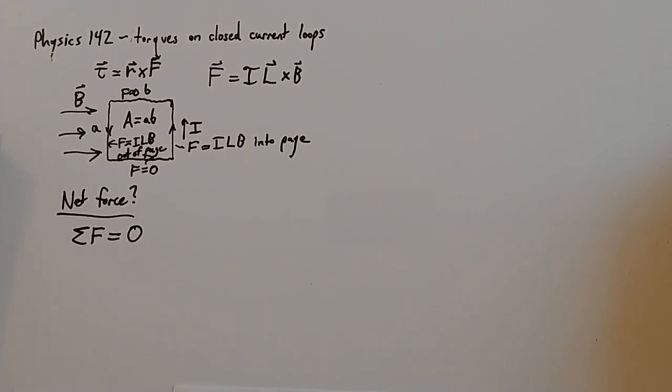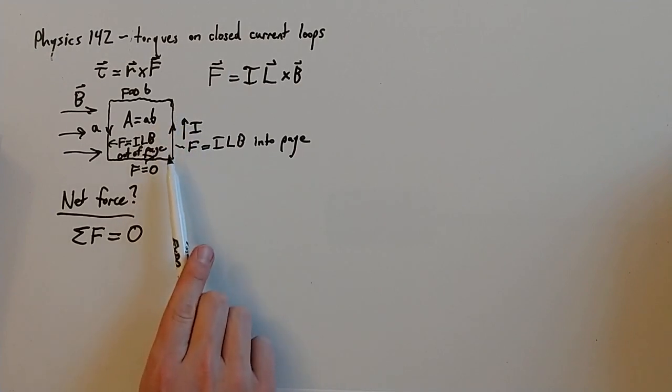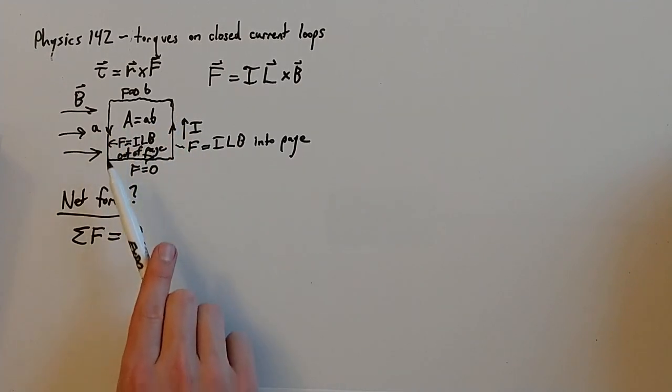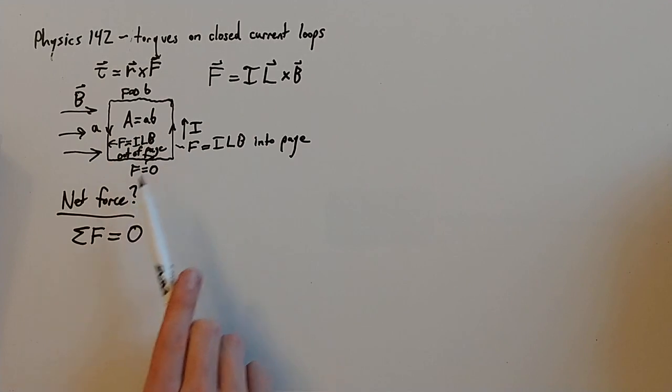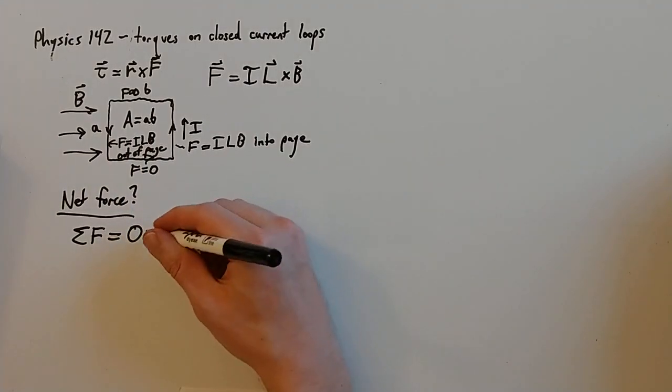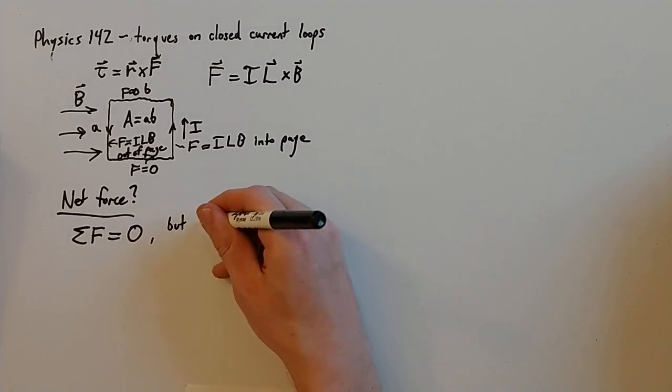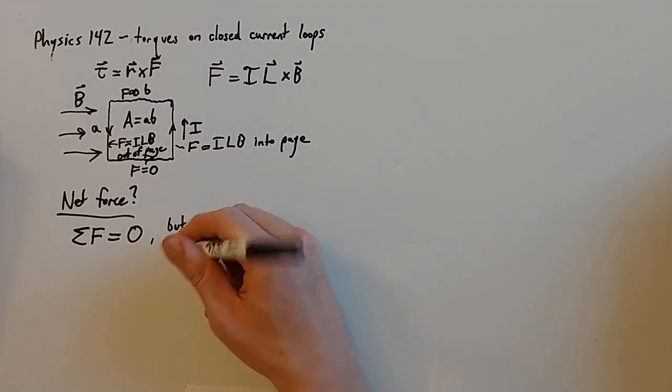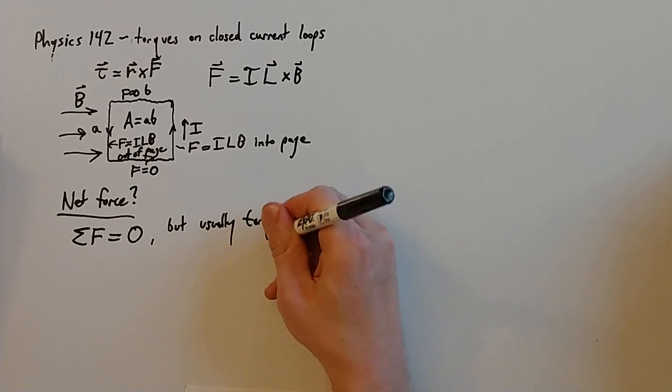However, you might see that while this force is being applied on one side and this force is being applied on the other side, the net force is 0, but usually you get a torque, right?